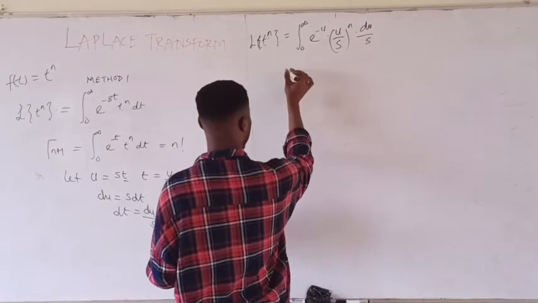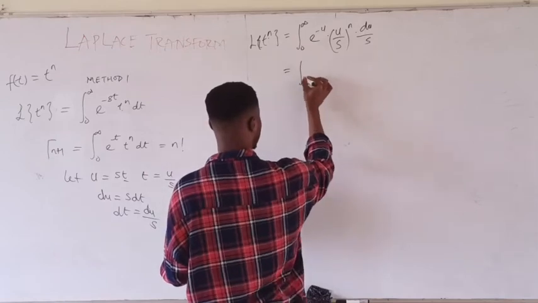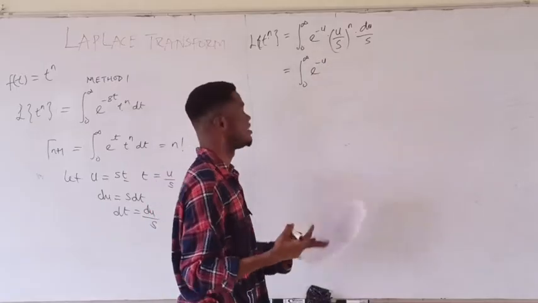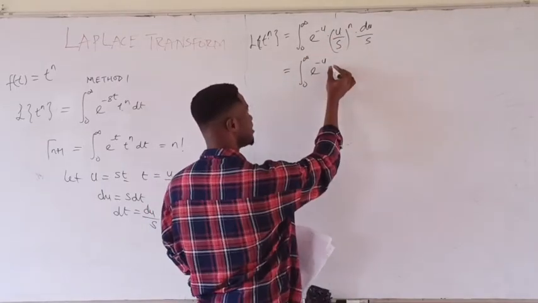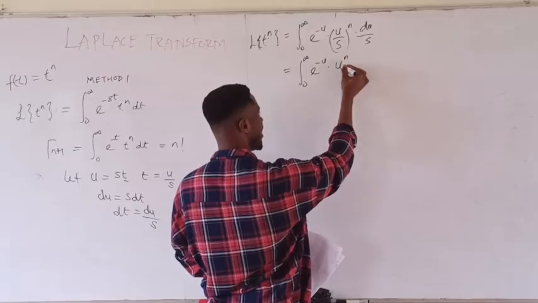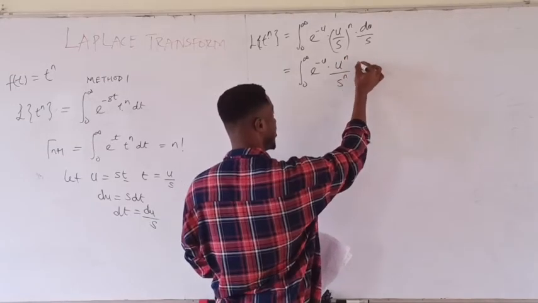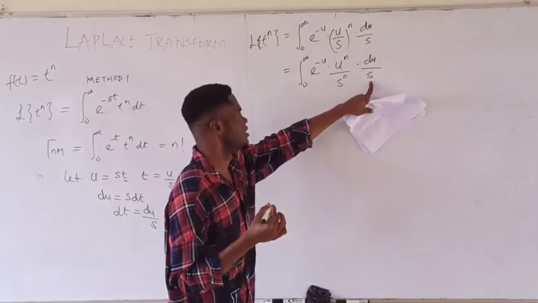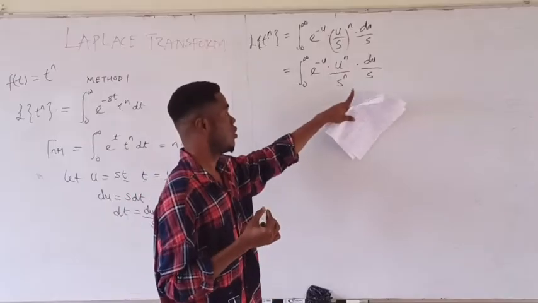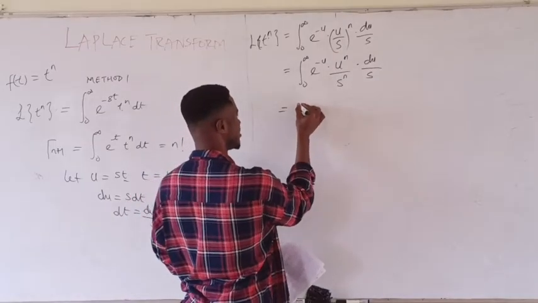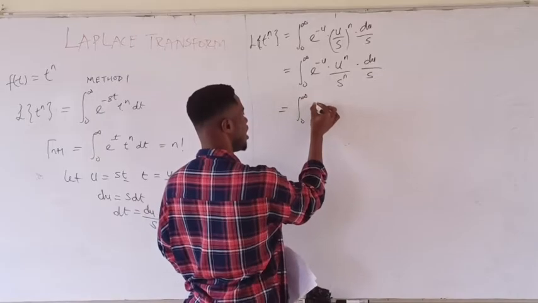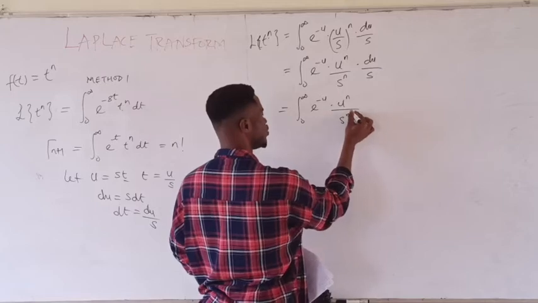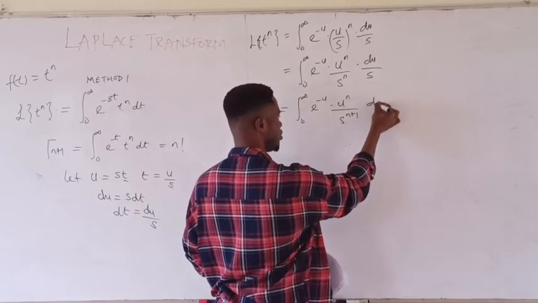It is equal to the integral from 0 to infinity of exponential of minus u. Using the law of indices, I can break this down: u raised to the power of n divided by s raised to the power of n, multiplied by du divided by s. Since these two s terms are the same, I can add their powers. So this is the same as saying the integral from 0 to infinity of exponential of minus u times u raised to the power of n, divided by s raised to the power of n plus 1, du. Are you there?